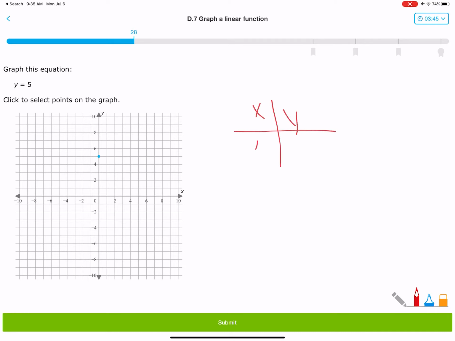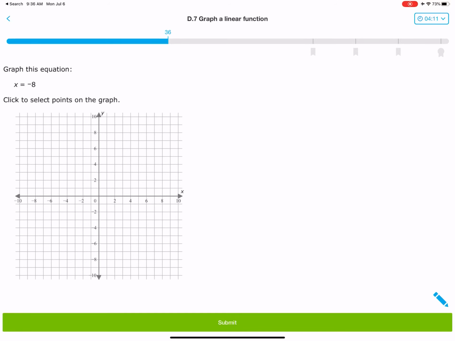So if x is 1, y is still 5. If x is 2, y is still 5, etc. Okay? So let's say 1, 5. The 5 is right here. So 1, 5 is right there. Okay? So that is a horizontal line.